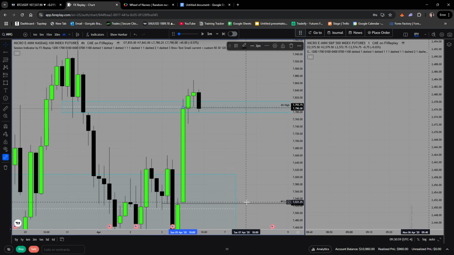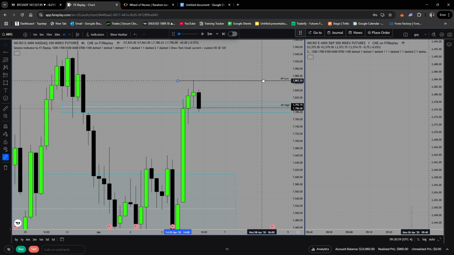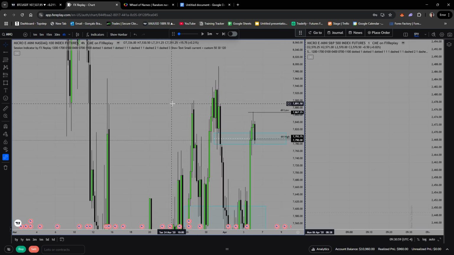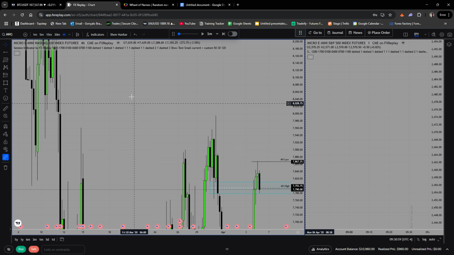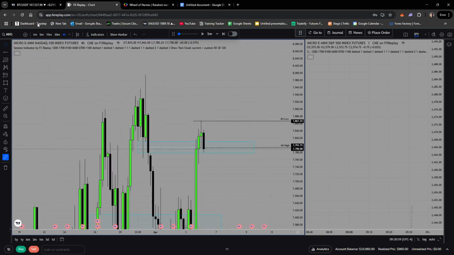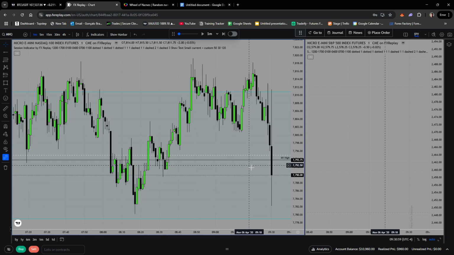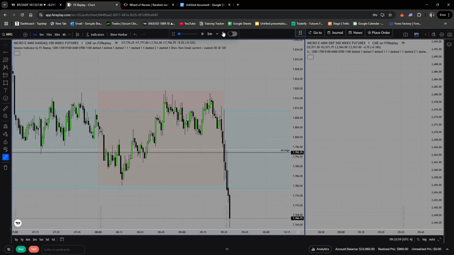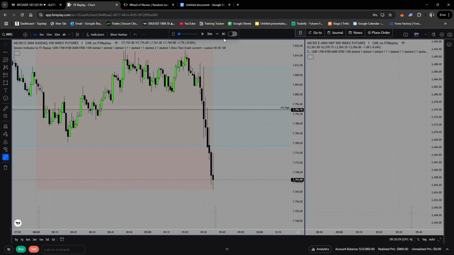So we swept the low inside an inversion fair value gap. Bearishness is all the way here, so we're not going to mark that. So dropping back down, we favor being bullish. Of course, we want to break this accumulation. Exactly like that.